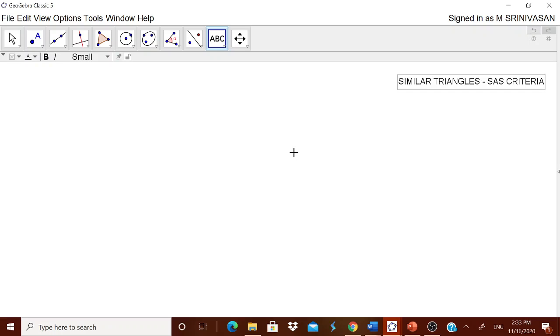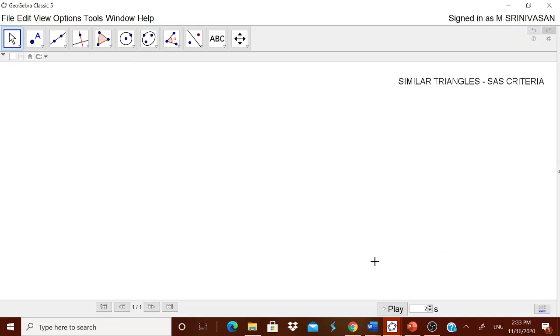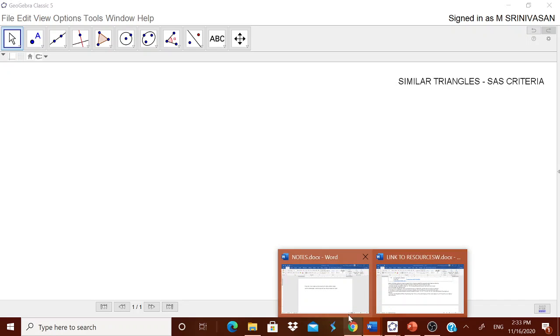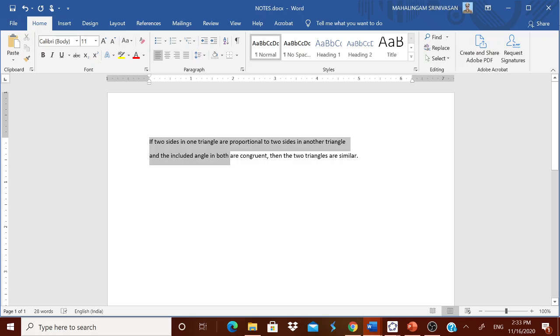I think I have already explained. Always go for this navigation bar, which will always help you to explain step by step. Okay, now I have already defined what you mean by that. If two sides in one triangle are proportional to two sides in another triangle and the included angles are congruent, then the two triangles are similar.